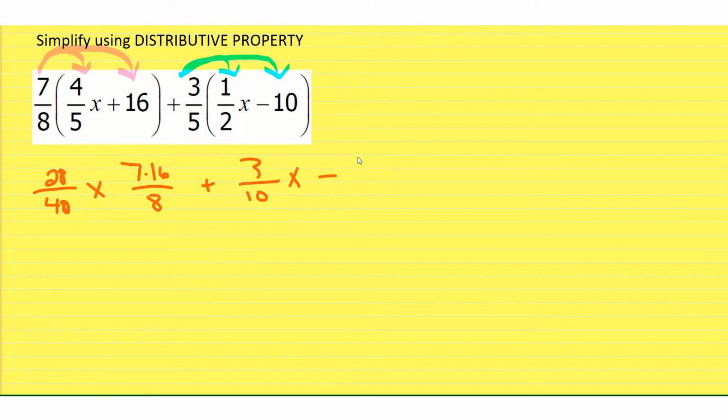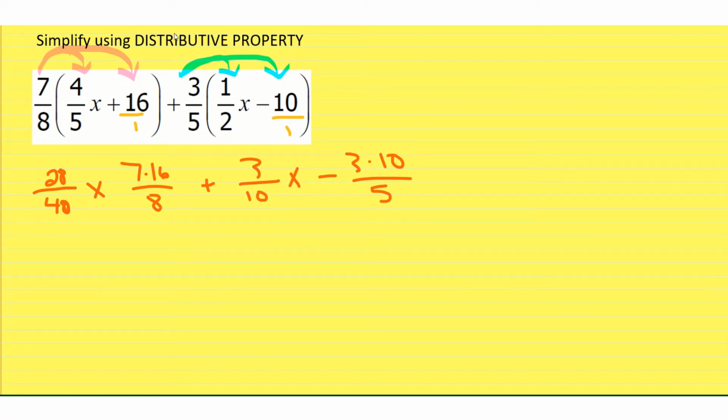So that's going to be minus 3 times 10, and 5 times the invisible 1. If you remember, there's an invisible 1 both here and here that helps us to keep it straight and remind us that those numbers are in the numerator. So 5 times the 1 is going to be 5 in the denominator right there.